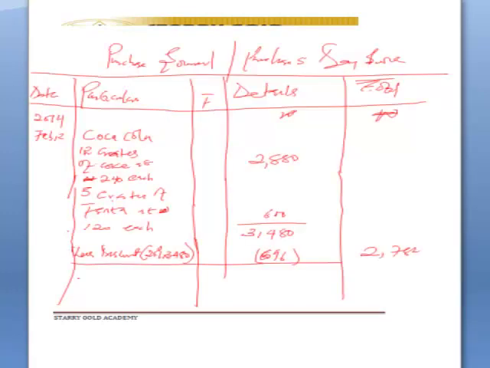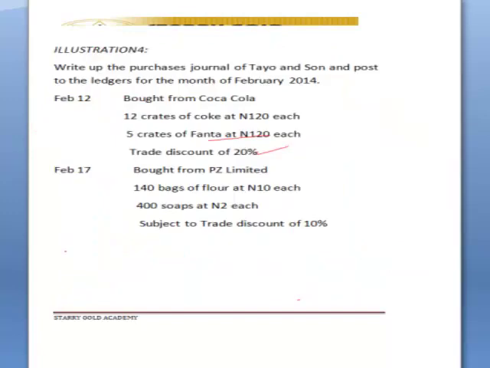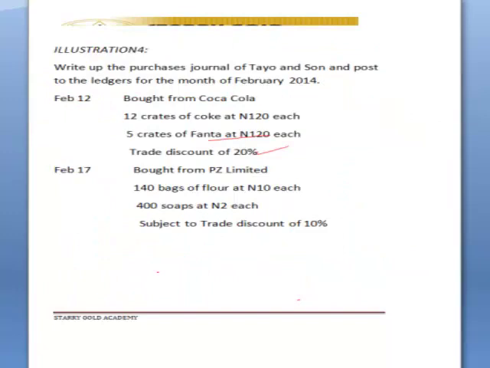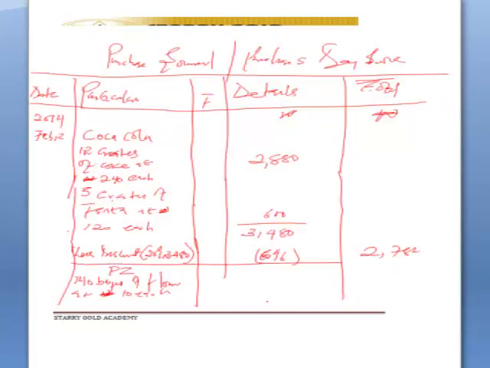So the next supplier is PZ. Then what did they buy from there? From PZ we bought 140 bags of flour at 10 naira each, and that will be 1,400.